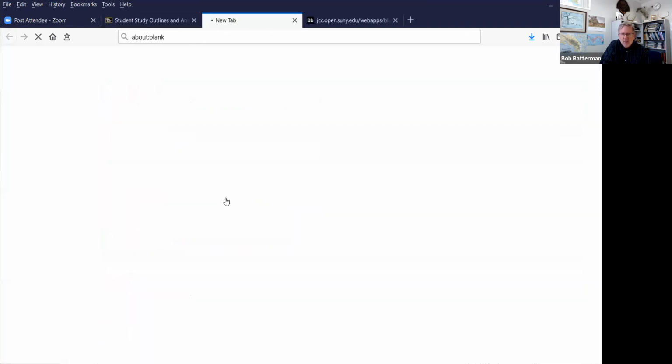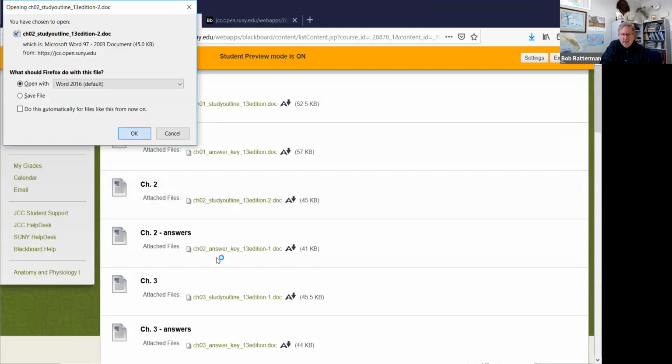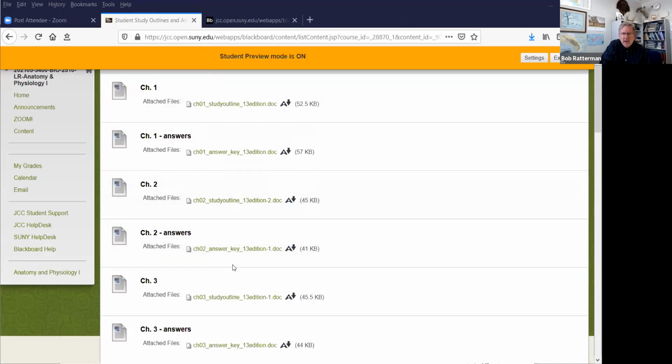If we go to the one without the answers, they're all Word documents. These are similar to the study objectives, only much more in depth, more detailed. This is asking you to list the 6 examples of bulk elements, and to define what kind of charge an electron carries.